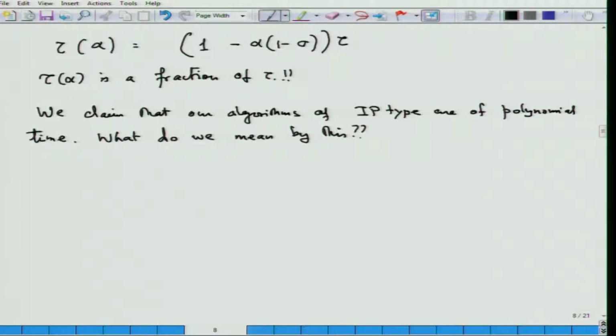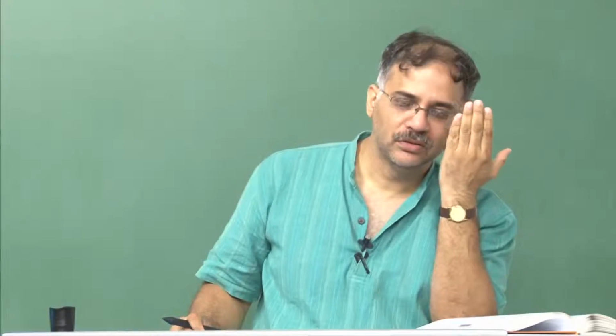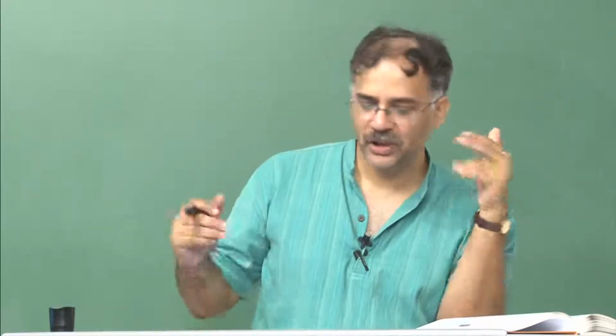So, what we have shown is that in our general framework of IP algorithms, we can reduce the tau alpha, the duality measure, which is of fundamental importance. So, we have already built up something. Now, what we want to show is that we can develop some framework.